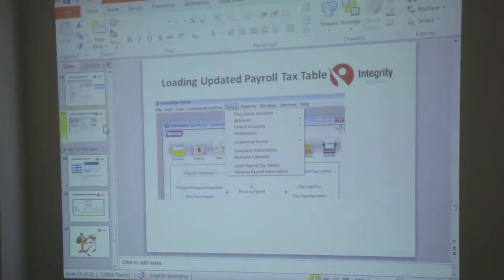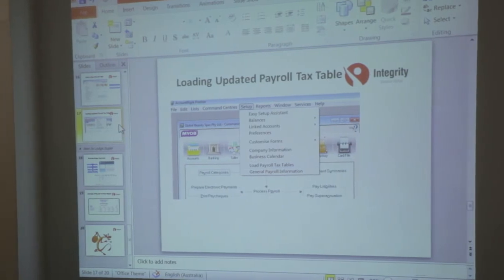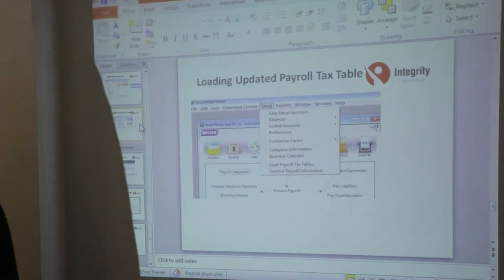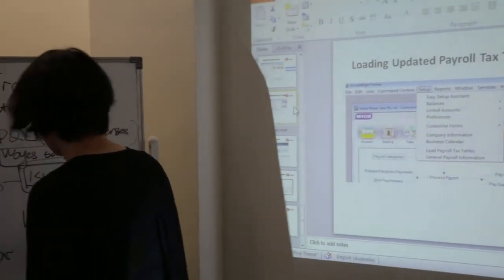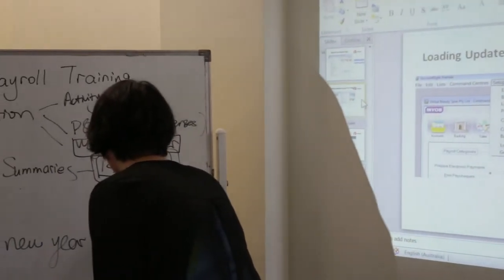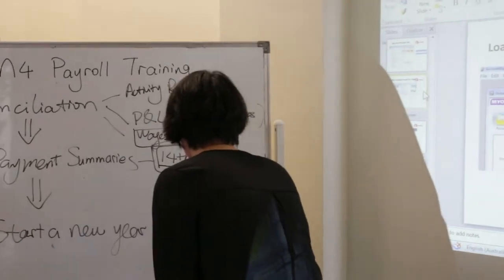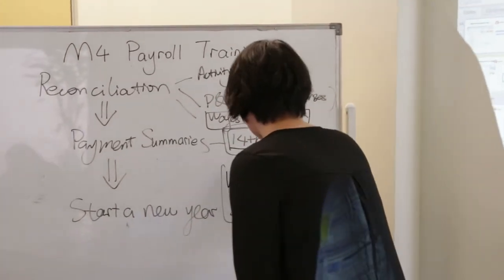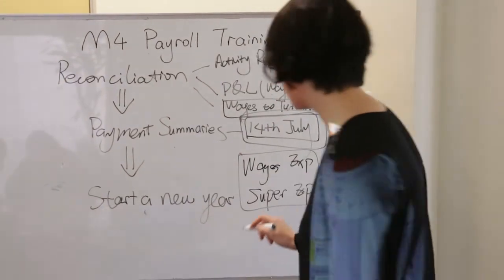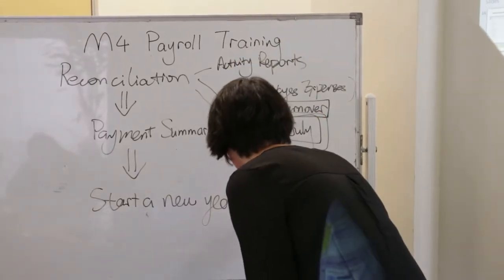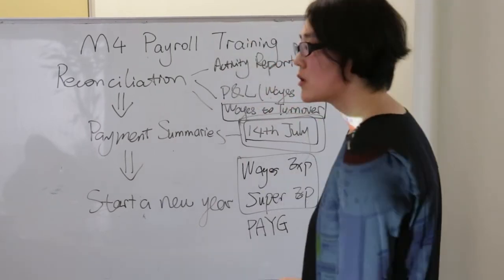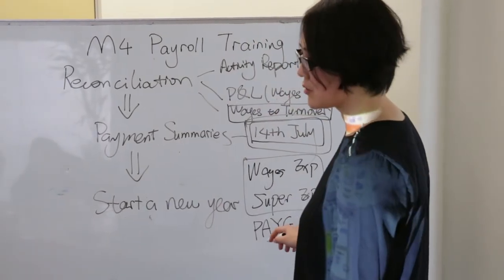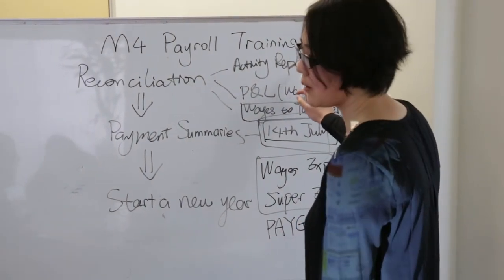So we check wages expense, and super expense. We check these two things, and another one is PAYG. PAYG is not checked against the balance sheet.